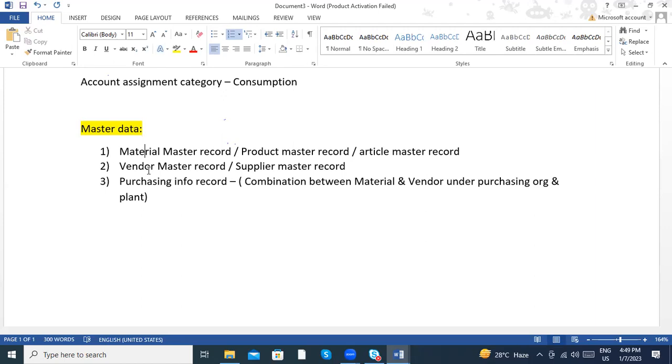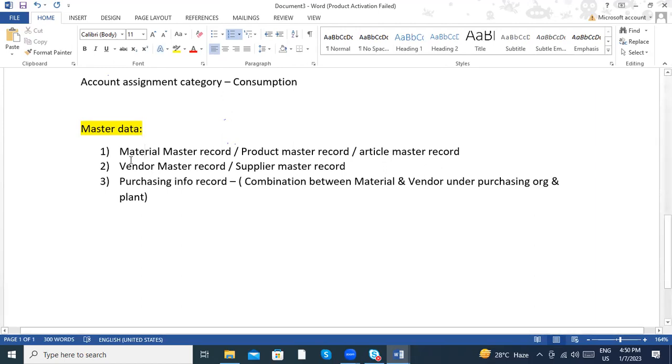Might be in AP they say 12% plus 5% local tax, and in Telangana it might be 12 plus 2. So the local tax will be different, and the central tax will be the same. That information we are maintaining in the info record.